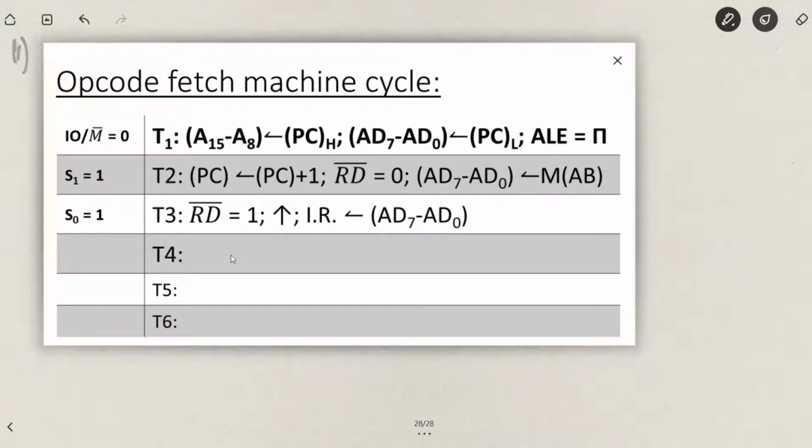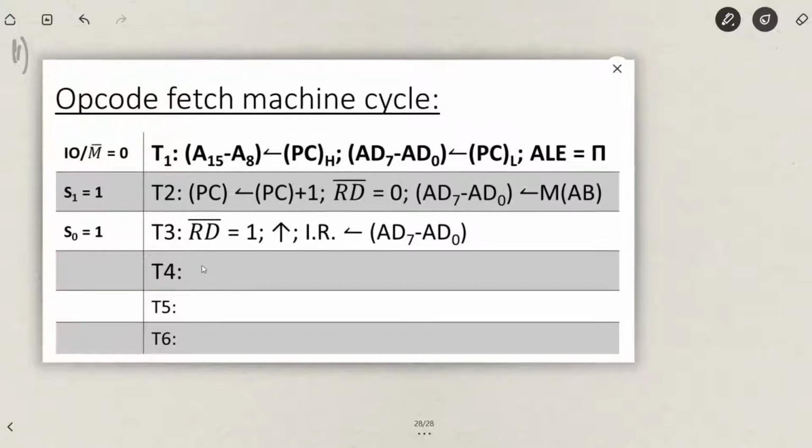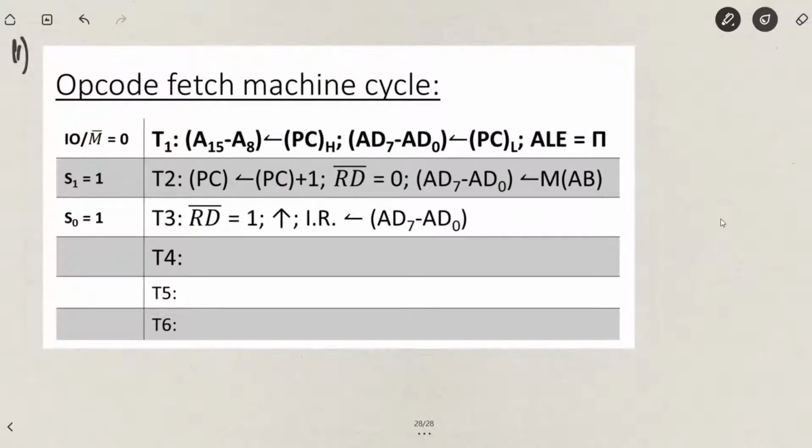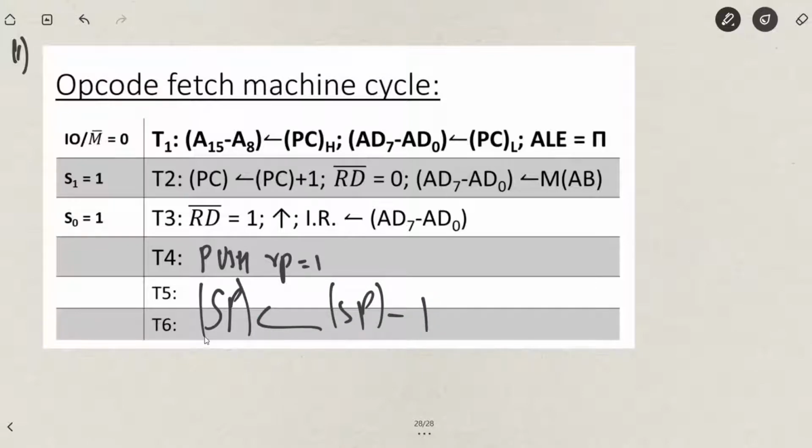In the T4 state, PUSH RP is decoded, and in T5 and T6 states, SP will be decremented by 1, so that it points to the location where the most significant byte of the register pair has to be written.